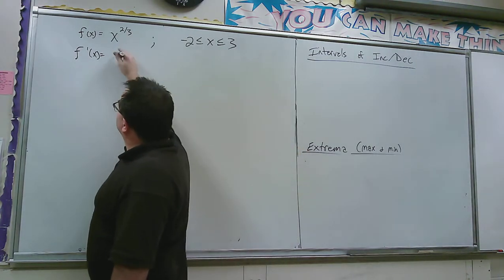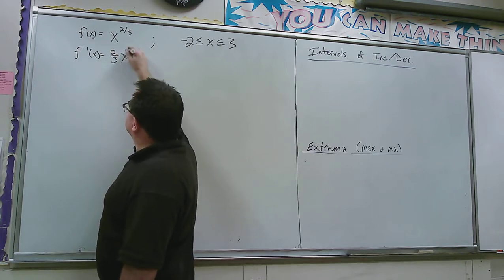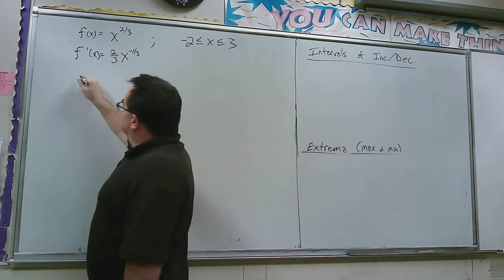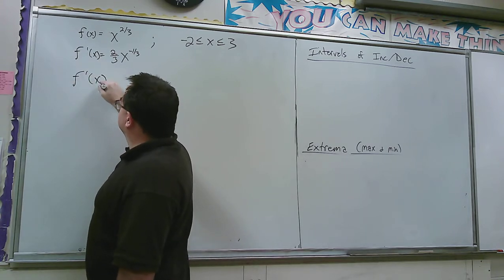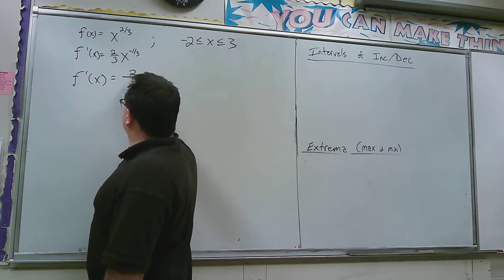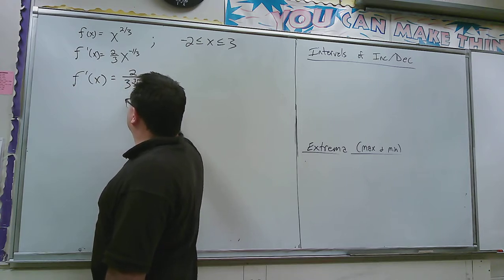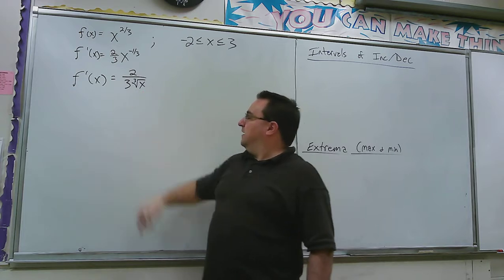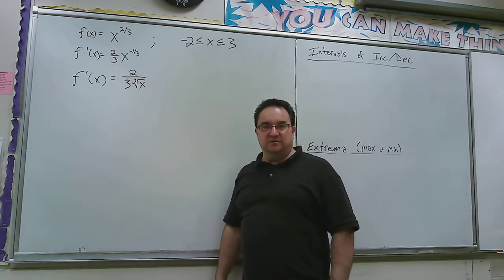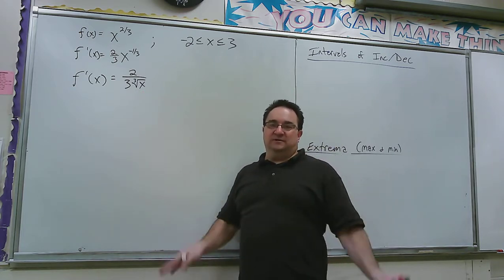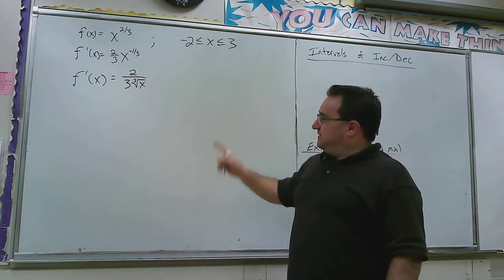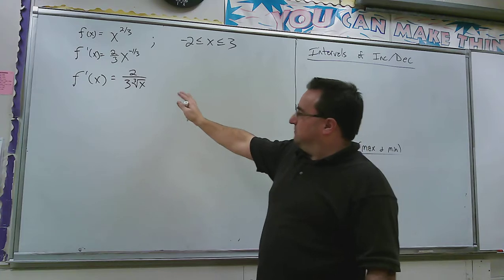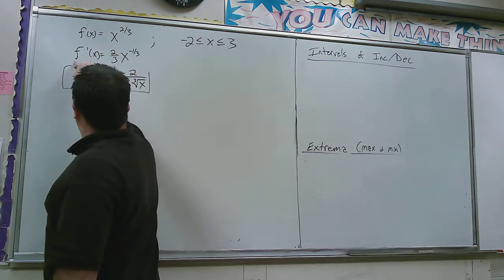I take a derivative and it would be 2/3 x to the minus 1/3. Now, in my class, I have students learn how to simplify, so we're going to put 2 over 3 cube root x. Normally, I would have you rationalize the denominator, but here I want you to stop right there, because that's the easiest form we have to solve for x, right? So we're going to stop it right here. Here is our first derivative.